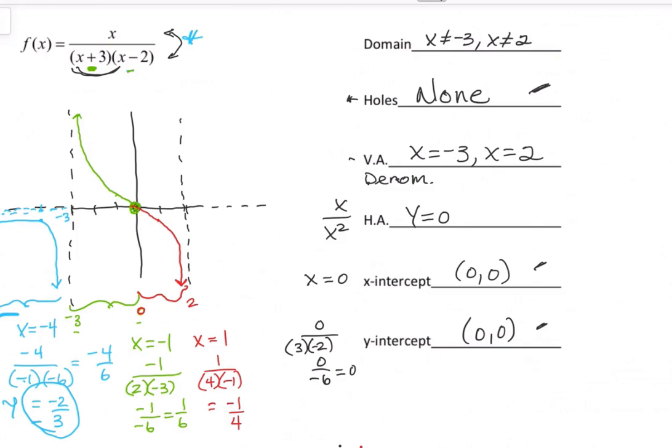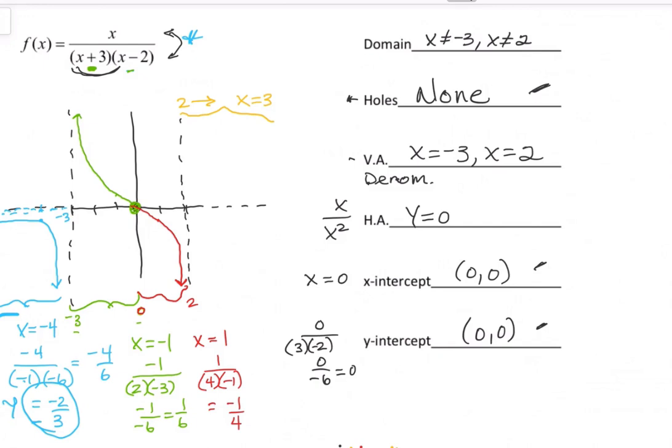So we've got one more area to test, and that is to the right of this vertical asymptote. This vertical asymptote was at 2, so we need something to the right of 2. So I'll pick x equal to 3.